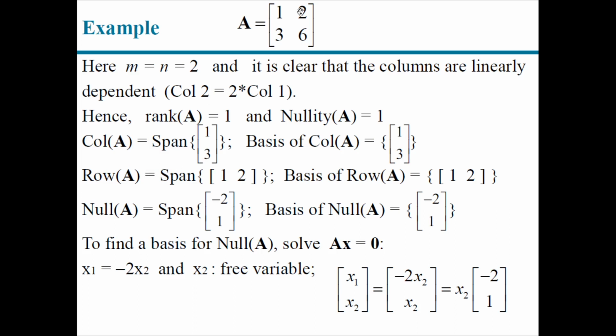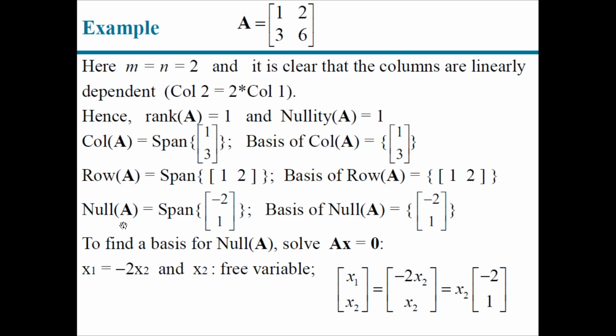Similarly for the rows, I only have 2 and they are dependent, so I pick one. That one is a basis for the row space of A. You see, I don't necessarily need to produce the echelon form or reduced echelon form here. I could, it's just one operation, but having only 2 rows and 2 columns, it makes things super easy.